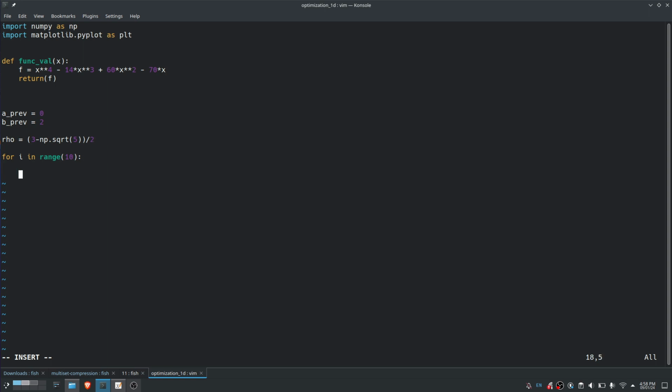So in each iteration, what do I need to do? First, I need to compute my ai prime and bi prime. So what is ai prime? It is a previous plus rho into (b previous minus a previous).